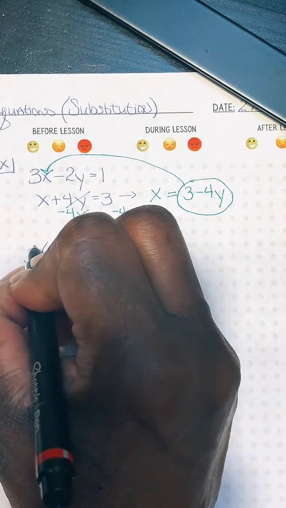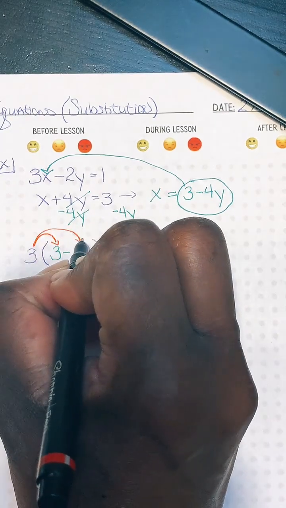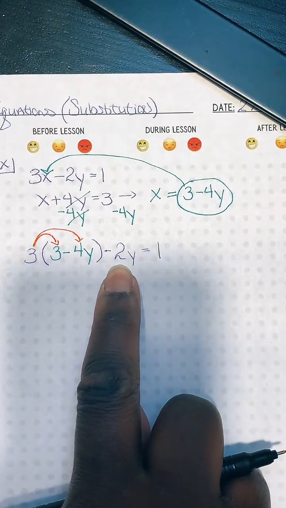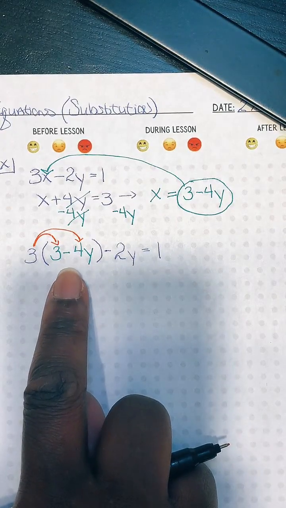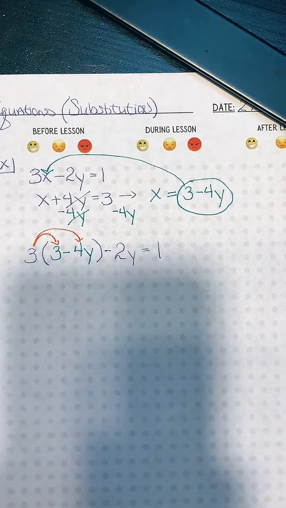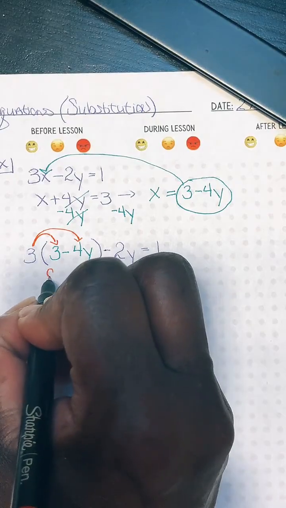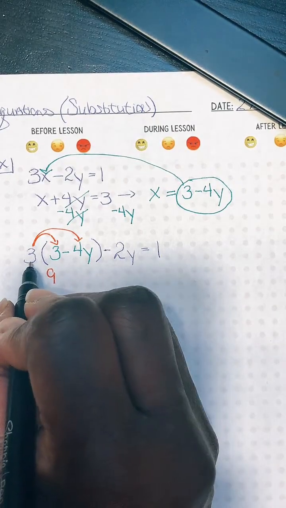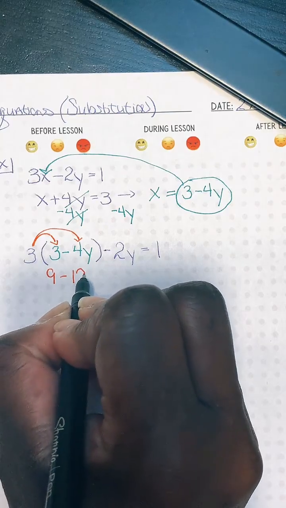We're going to take this 3 and distribute to everything inside the parenthesis. We're not distributing to the negative 2y, just what's inside the parenthesis. So now 3 times 3 gives me 9. 3 times negative 4y gives me negative 12y.